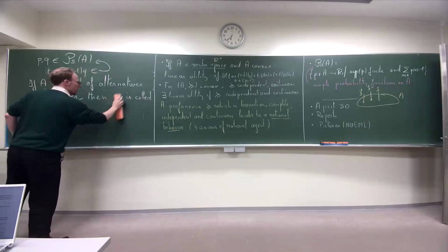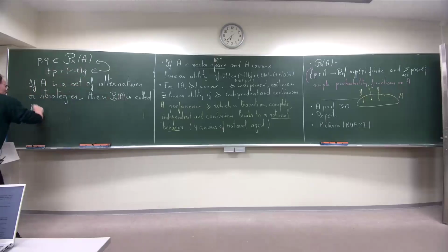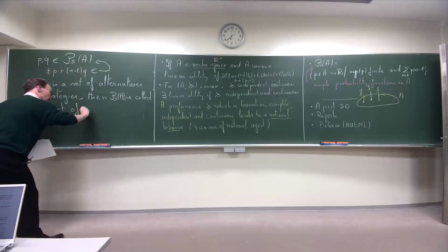Let's say this set of simple probability functions on A is called the set of lotteries.